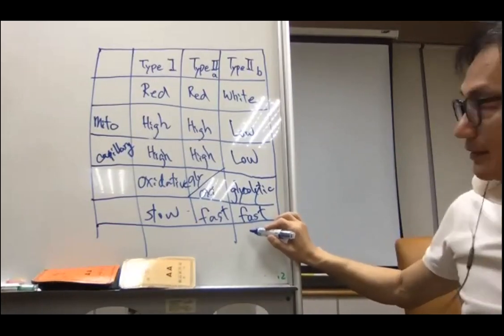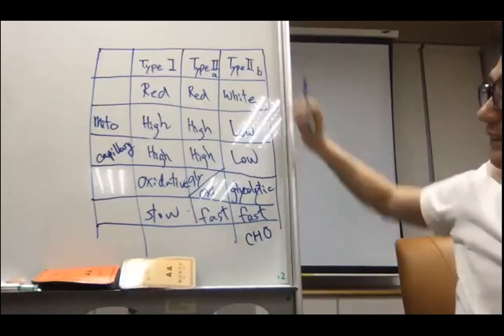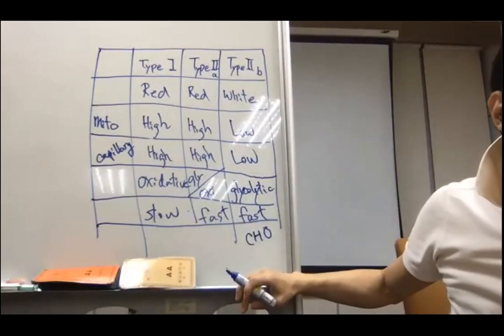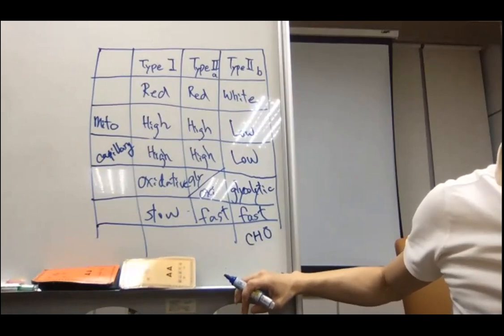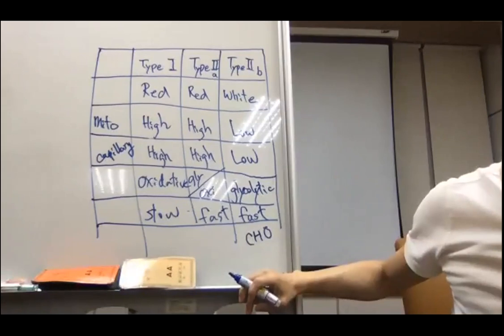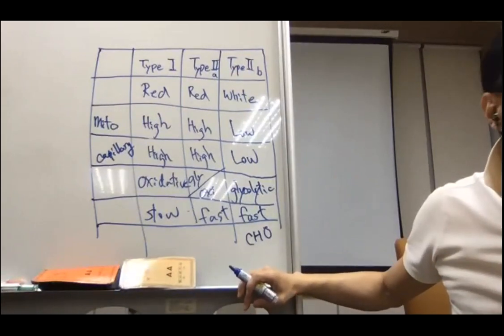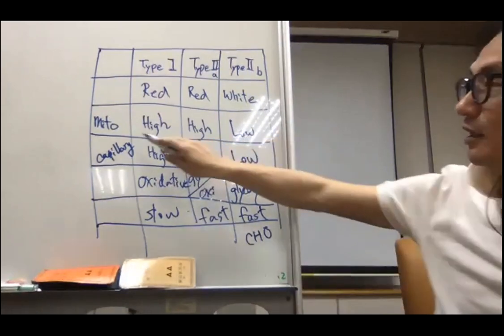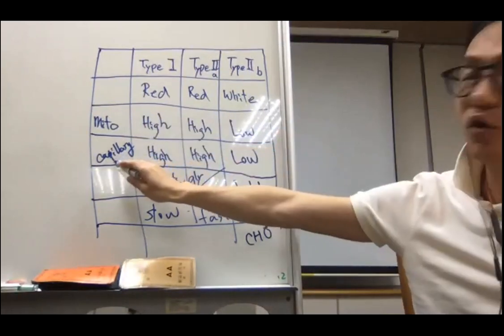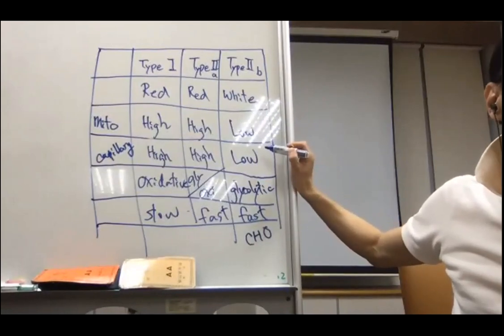Why carbohydrate? Why can type 2 fiber not use fat much? Because fat burning requires what? Oxygen. That's true, okay? And you can see that you have low mitochondria and low capillary, so that gives you a low level of oxygen.